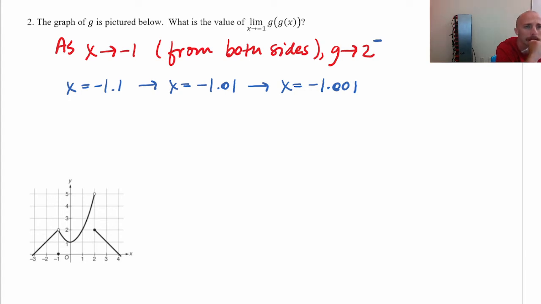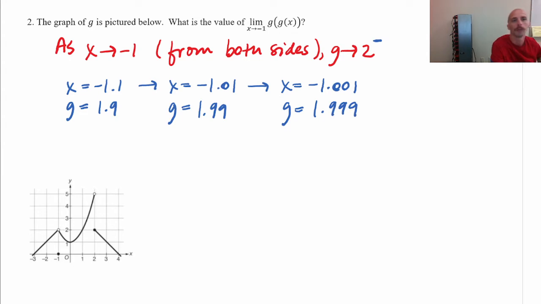As that's happening, x equals -1.1 corresponds to, let's say, 1.9. In fact, I know it does, because it's on a slope of 1, it looks like. So g is equal to 1.99, and then g is going to be equal to 1.999. So we see that g is approaching 2 from below.